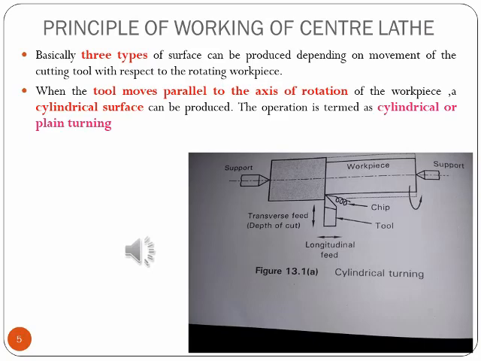So the figure that you see shows a workpiece held rigidly by one of the work holding device known as the chuck, and it is rotated at a very high speed, and a V-shaped cutting tool that is held against the workpiece is moved in the opposite direction of rotation, and when it is moved in the opposite direction of rotation and moved parallel to the axis of the workpiece, it produces circular surfaces which can be seen in the figure. It is clearly evident in the figure.